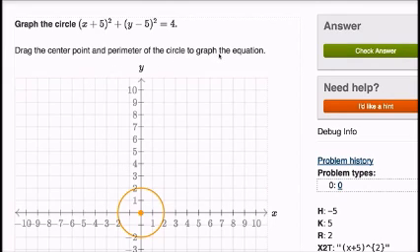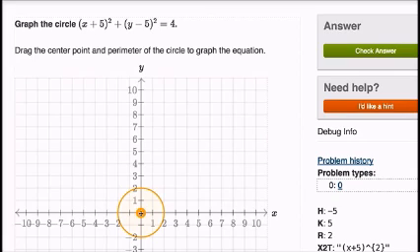So the first thing we want to think about is, what's the center of this circle? Well, standard form of a circle is (x − the x-coordinate of the center)² + (y − the y-coordinate of the center)² = the radius squared. So the x-coordinate of the center must be −5, because the way we can get a positive 5 here is by subtracting a −5.